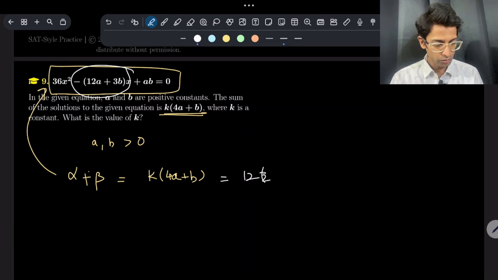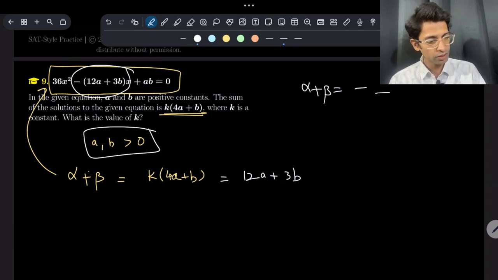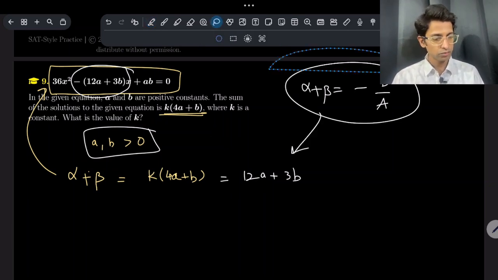But from the question I can write that sum to be 12a plus 3b, because I know alpha plus beta is equal to minus b by a. Because I have already used small a and small b here, I will be using a different notation.